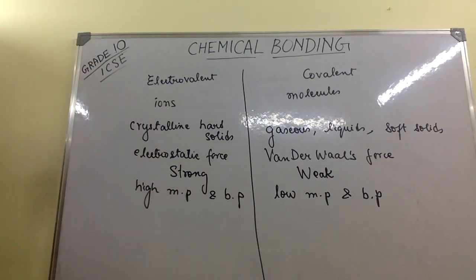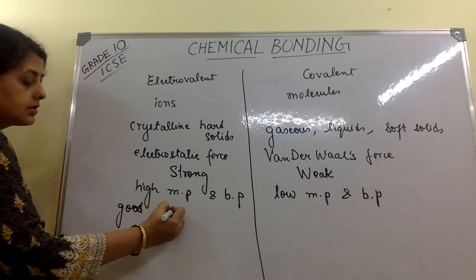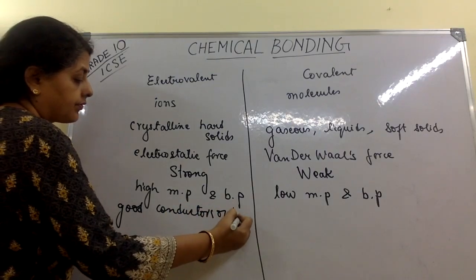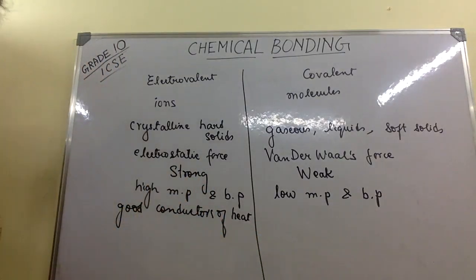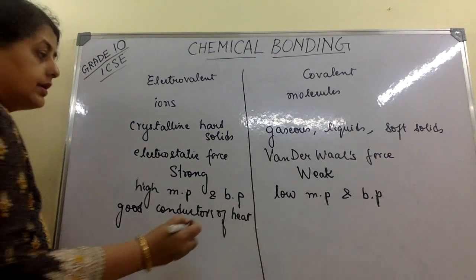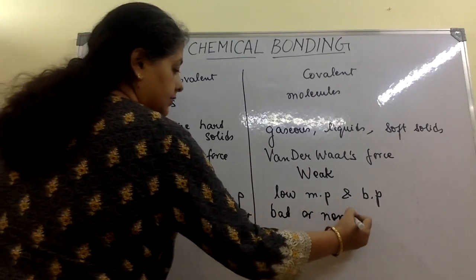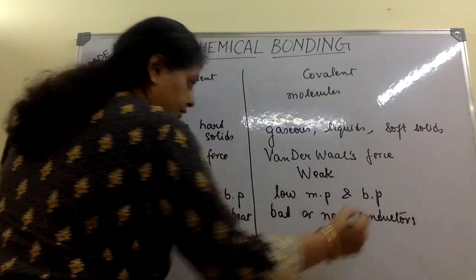These are good conductors of heat. This is bad conductors. All covalent compounds are bad or even non-conductors of heat.